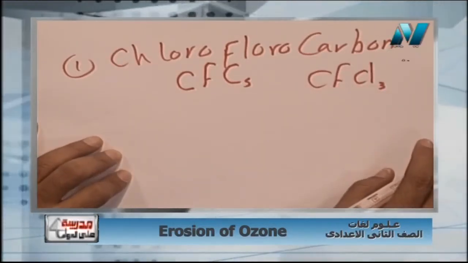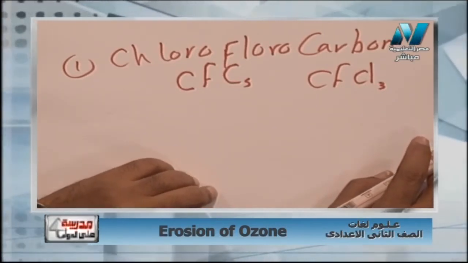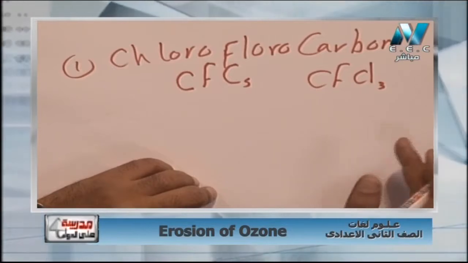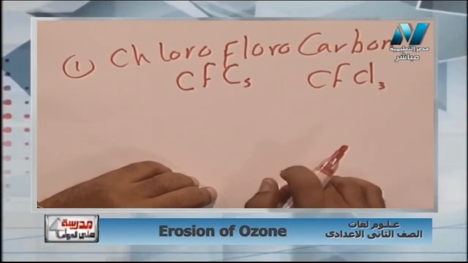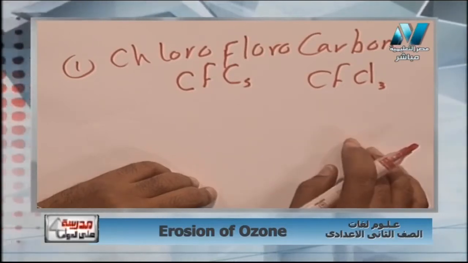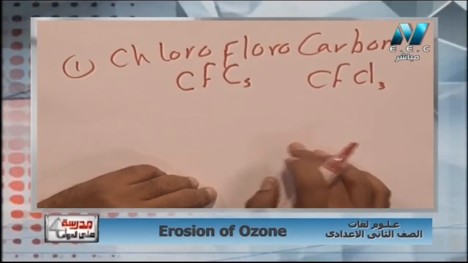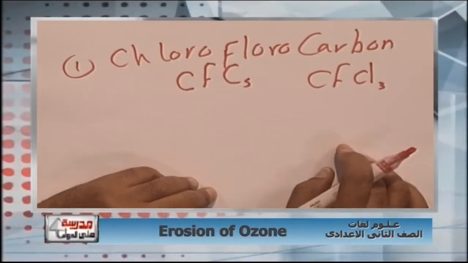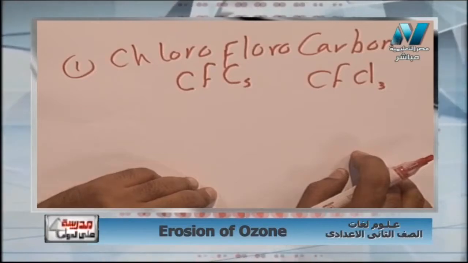This gas is used in freon, which is used in cooling. It's very harmful for our health because it causes the ozone hole. It reacts with ozone and changes the ozone molecule O3 into O2 and O, an oxygen molecule and an oxygen atom. So it causes loss of ozone gas from the ozone layer.